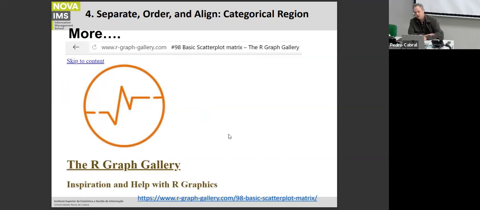If you want to do scatter plots, if you are using R, for instance, I didn't put here an example for Python, but for instance, this website, at least when I consulted it, it had code examples for 98 basic scatter plot matrices. So you can imagine, my objective here is not to show you the 98 basic scatter plot matrices.